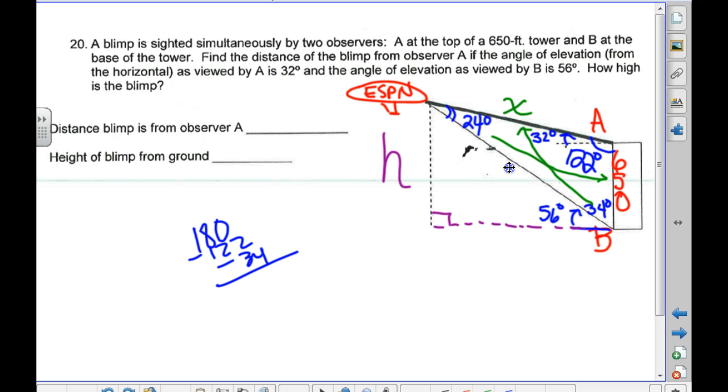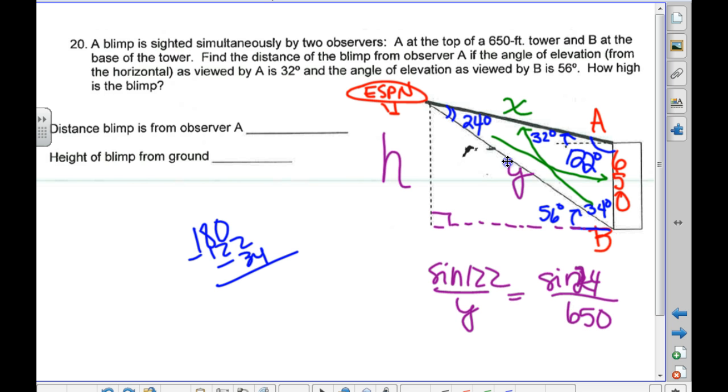Can I call that Y for a minute? Yes. So the sine of 122 is across from Y in the same way the sine of 24 is across from 650. And then once you know Y, you can use this little right triangle to find the height.